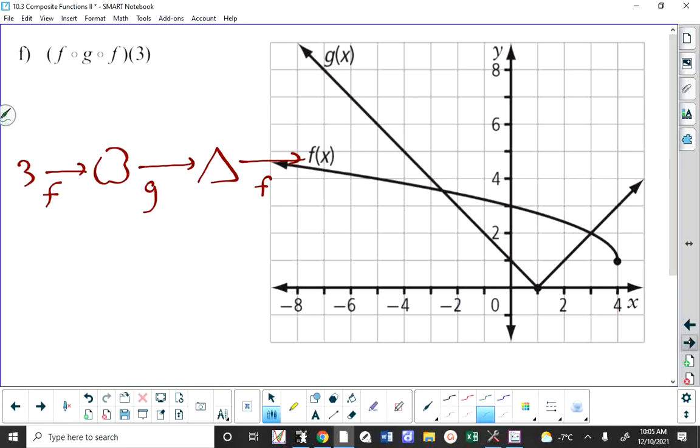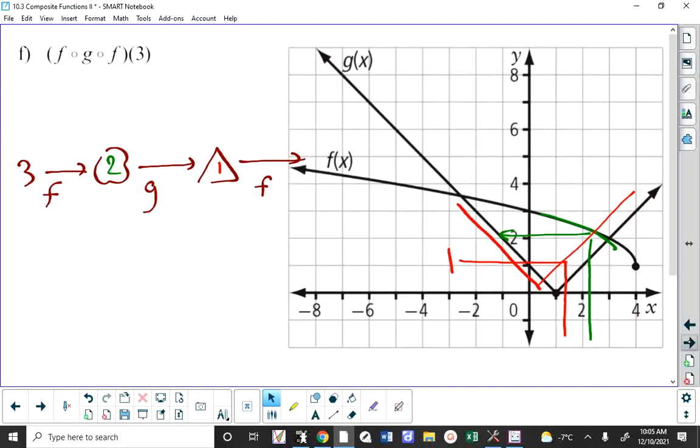So I'm just doing this in case some of you are confused by this. I hope nobody is, but 3 is going in, and we are looking at an output on f, which is 2. 2 now goes in, and we're going to be looking at an output on g, which is 1. 1 now goes in, but we're looking back on f.